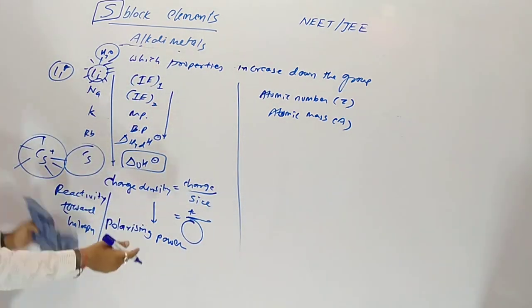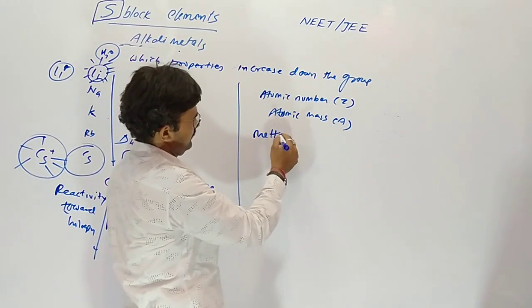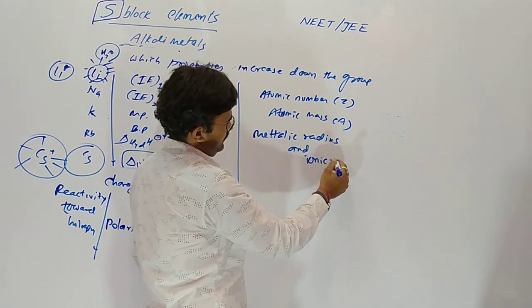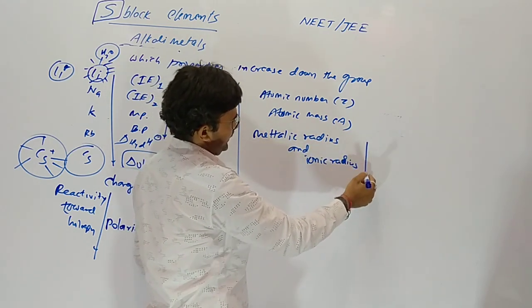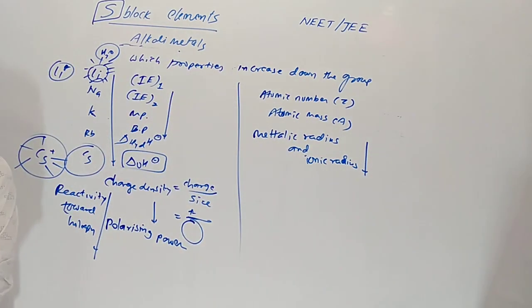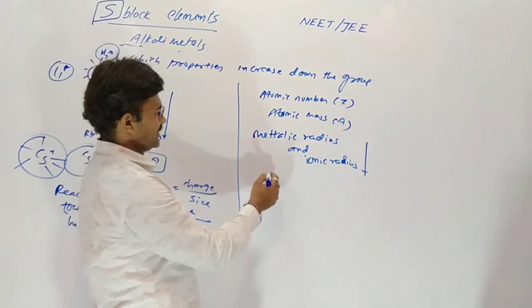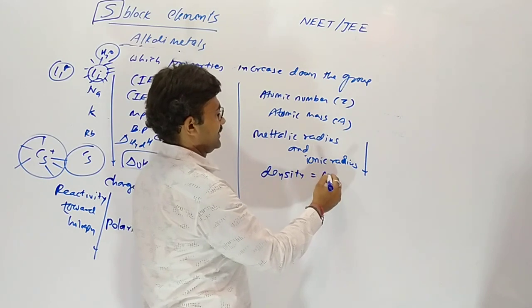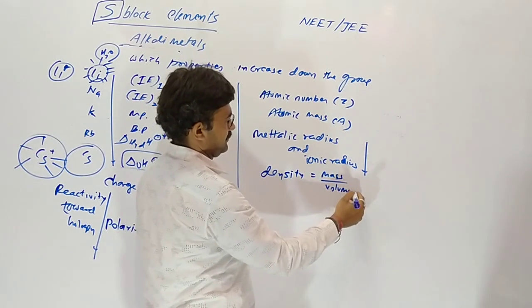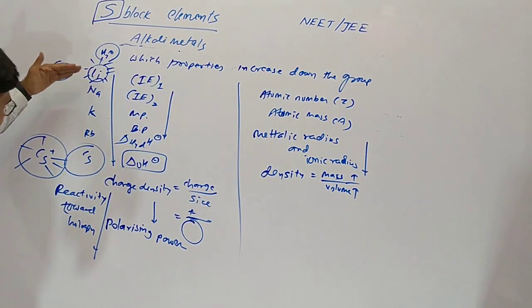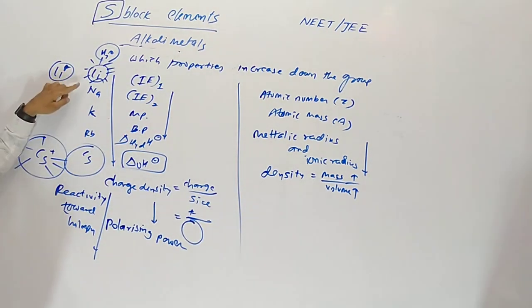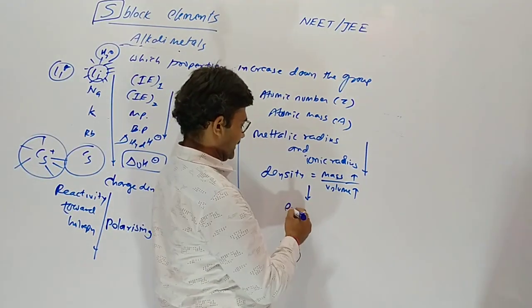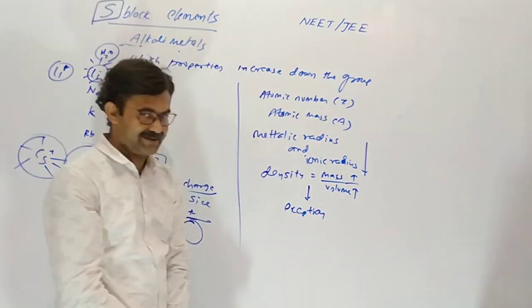Metallic radius and ionic radius increase. Density increases. How? Density means mass upon volume. Here mass increases and volume increases, but the increase in mass is more than in volume, so density also increases. But there is one exception in this trend.